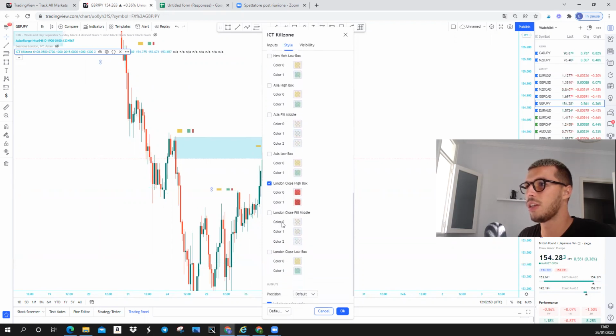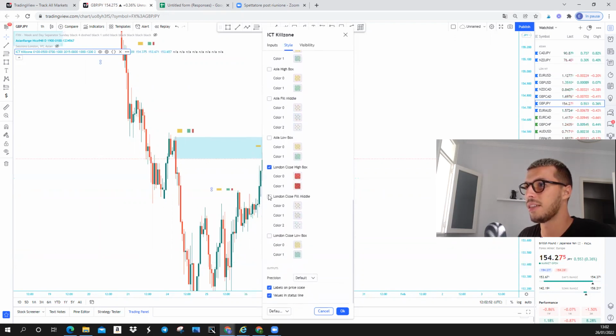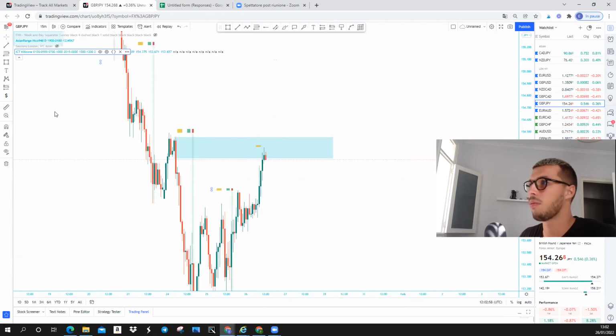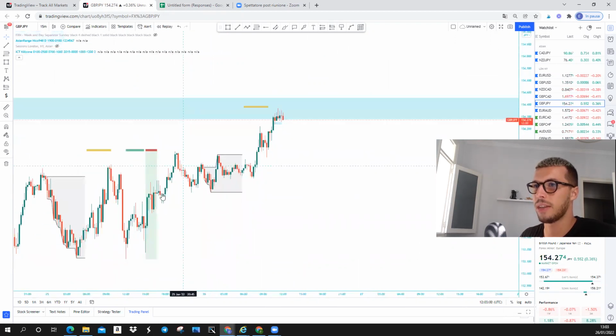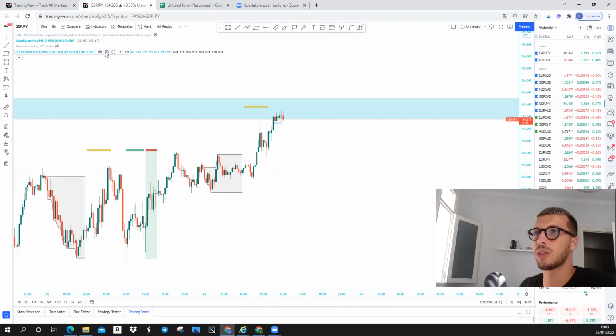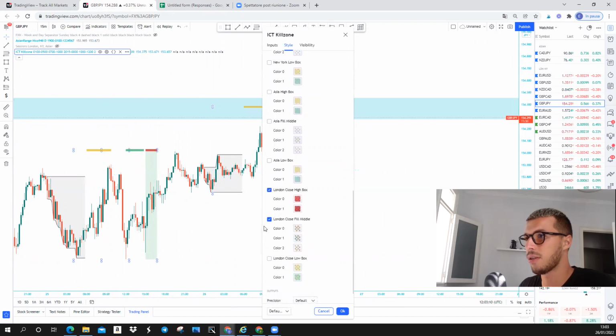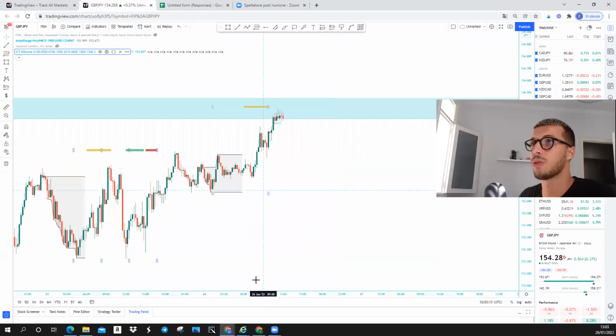So you should check that the settings are the same, because as you can see, you might have the zones this way. Let me show you. Okay, like this, as you can see, but I removed that. So that's why it looks different, because maybe you are using the same indicator, but you didn't modify the settings. That's why many people are confused.